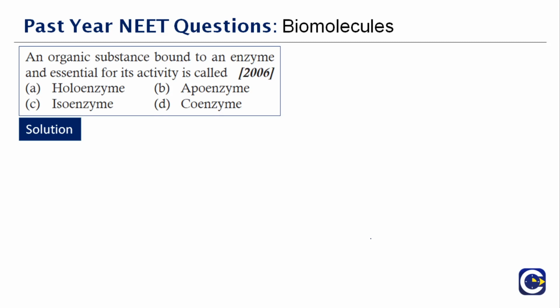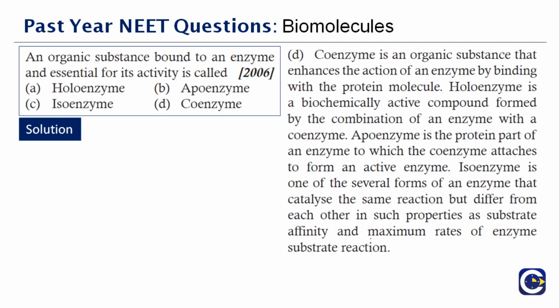A coenzyme is an organic substance that enhances the action of the enzyme by binding with a protein molecule, while holoenzyme is a biochemically active compound formed by the combination of an enzyme with a coenzyme. So if you look at the rest of the options, excluding coenzyme, all these are in association with certain enzymes, but the one which gets bound to the enzyme is an organic substance, a coenzyme. A cofactor can be a protein also.